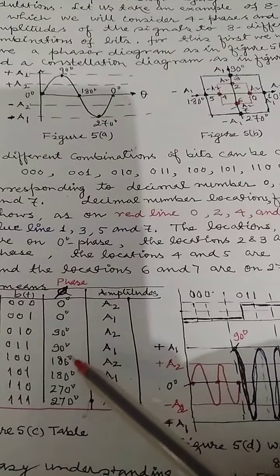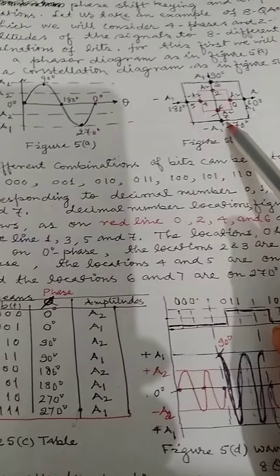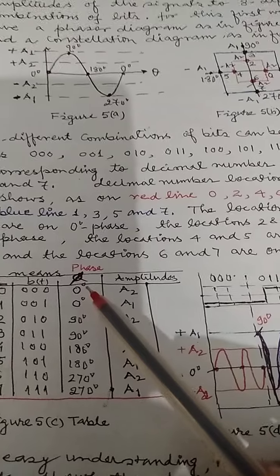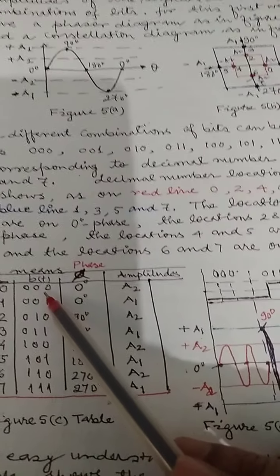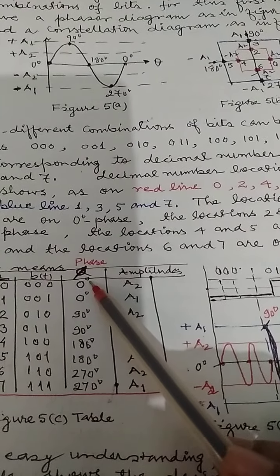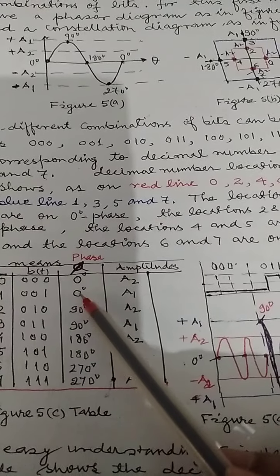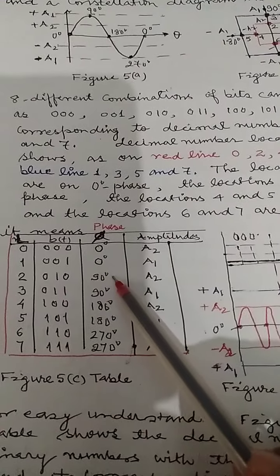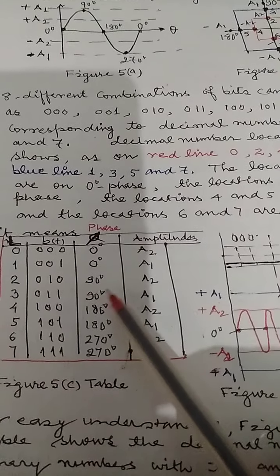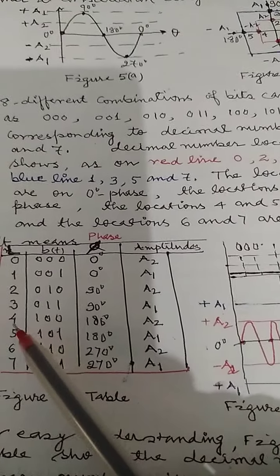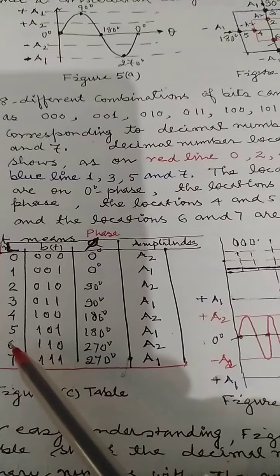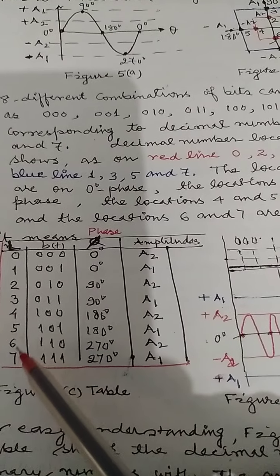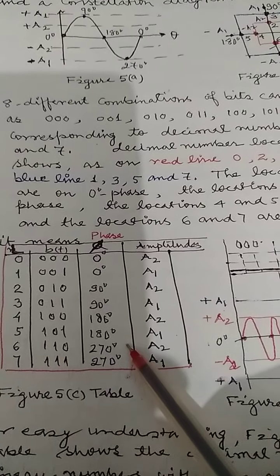If you match this table to this diagram, 0 state corresponds to 0 degree phase shift, 1 is also 0 degree phase shift, 2 is 90 degree phase shift, 3 again 90 degree, 4 and 5 are 180 degree phase shift, and 6 and 7 are 270 degree phase shift.